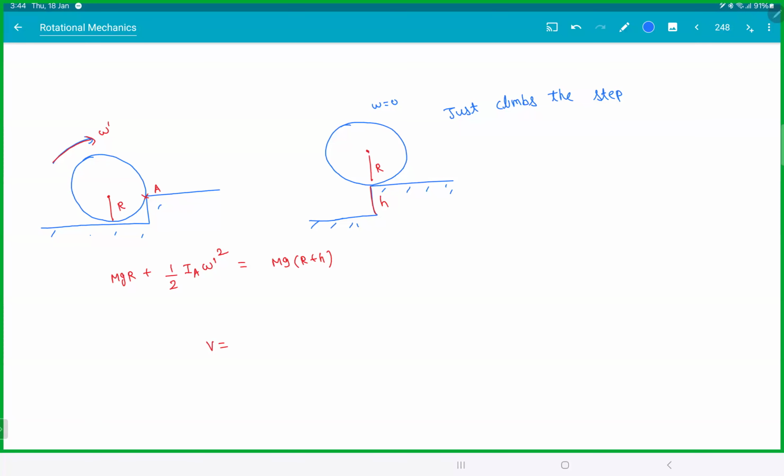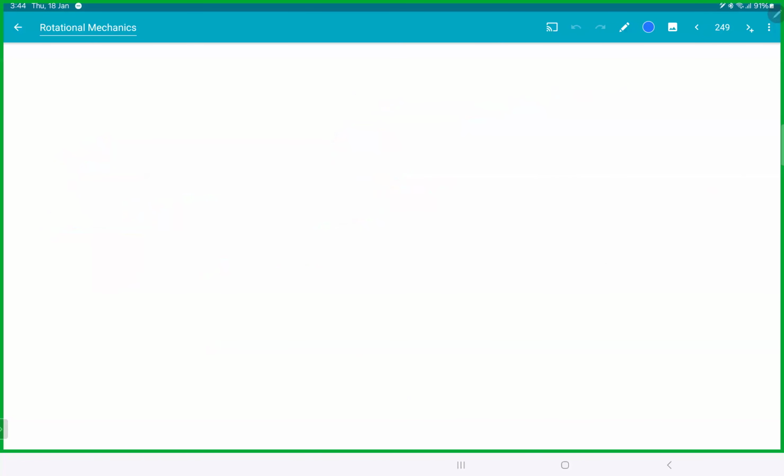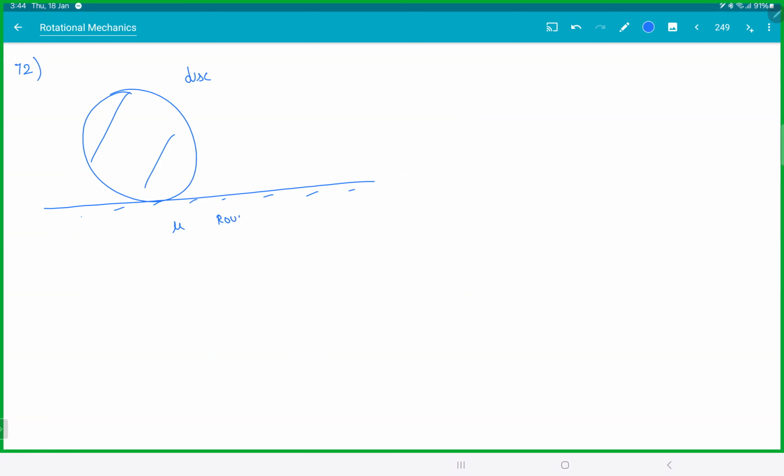Let's see, next one. We have a disk, rough ground mu, mass m, radius r. This is given speed v, and omega is 3v by r.